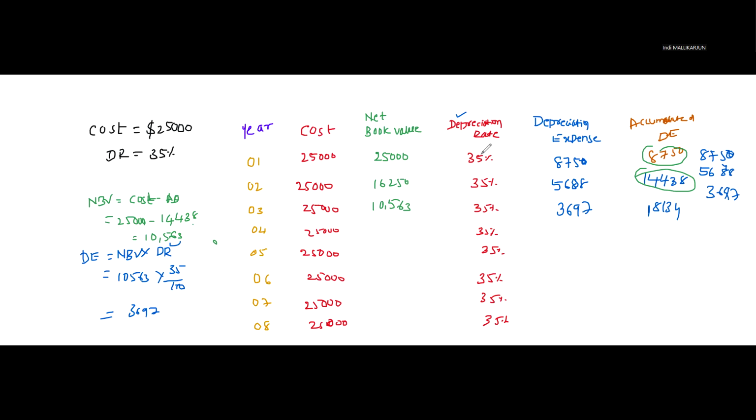Now instead of 14,438, it becomes 18,134. Here it reduces to 6866. Now the depreciation expense is calculated on 6866.